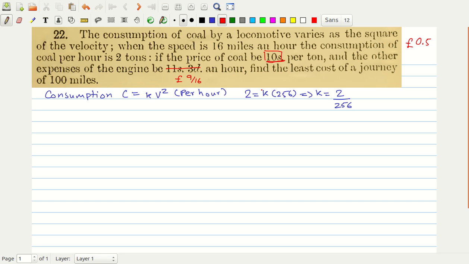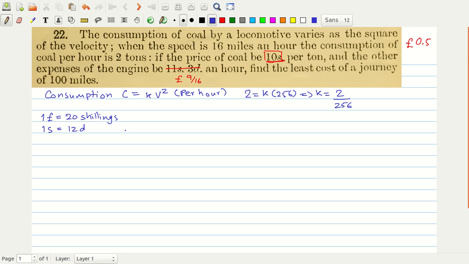The reason I am doing this is because the conversion was 1 pound is equal to 20 shillings and 1 shilling is equal to 12 pence.